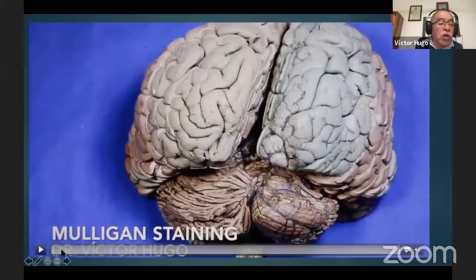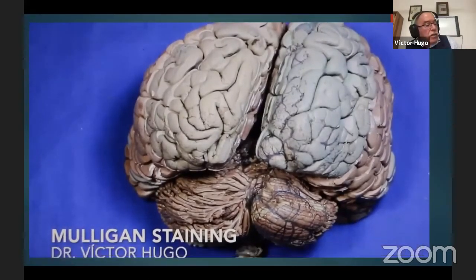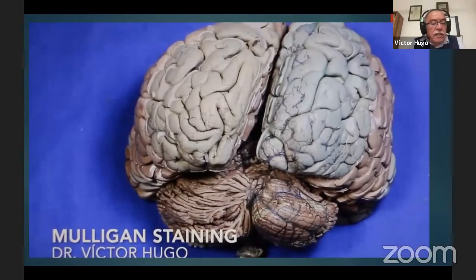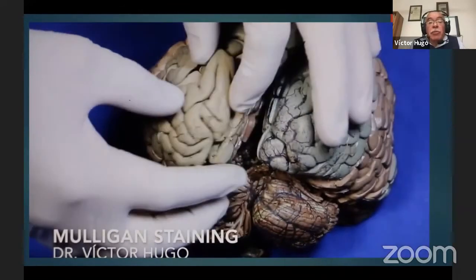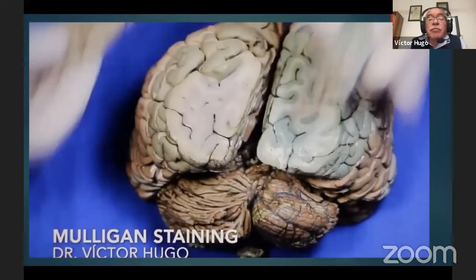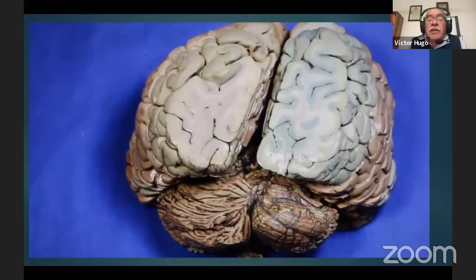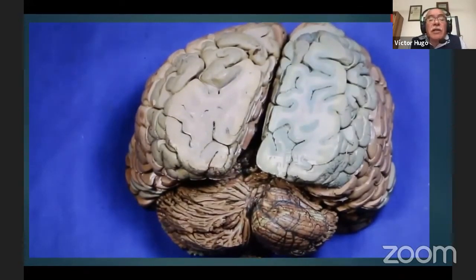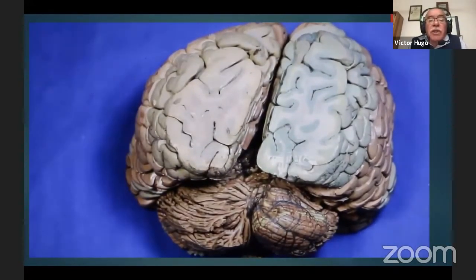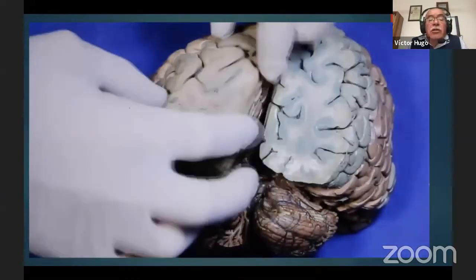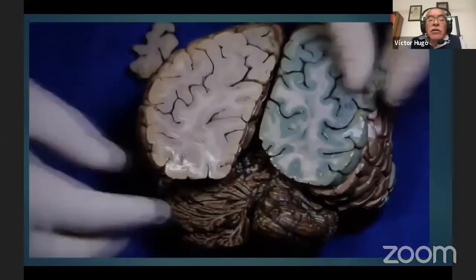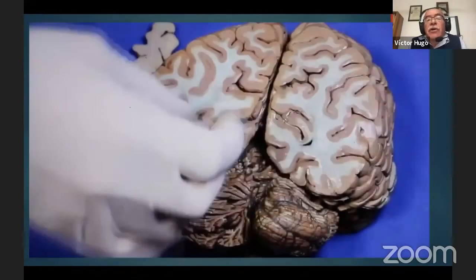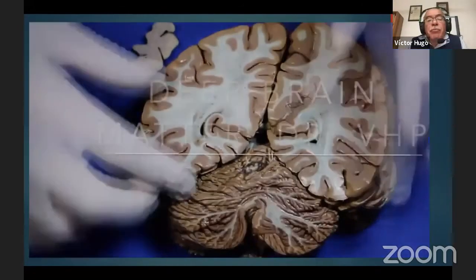So in order to understand the brain, not only arteries and veins, but the different components of the deep structures of the brain, it is important to make a dissection, to make cuts, to stain sometimes this brain.